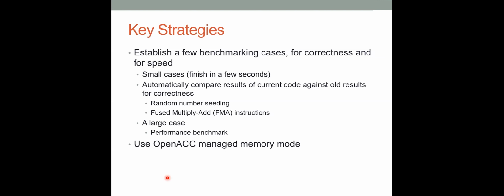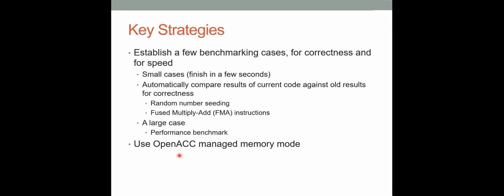We cannot achieve bit-to-bit identical results because there are some differences in floating point operation order, but we can get within machine precision. Also, to get very similar results, we have to fix the random number seed. We cannot use time-dependent seeding of the random number. And also, we have to disable the fused multiply-add instruction on CPU, because on GPU this instruction is still not supported. We also have a large benchmark case that we use to test the performance.